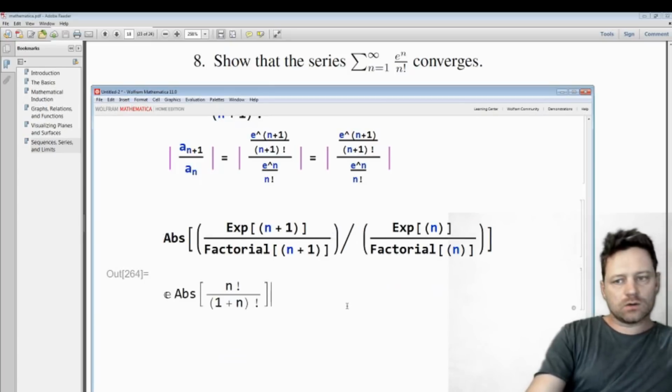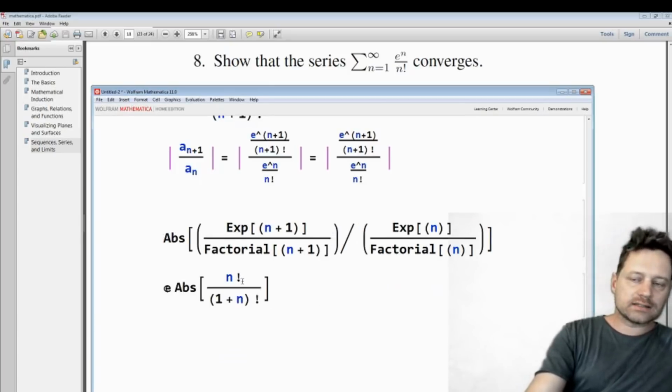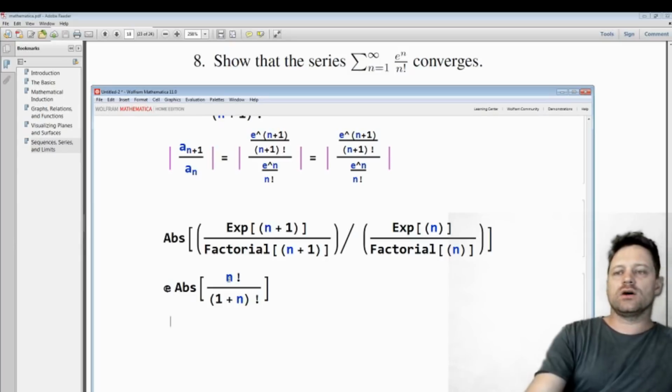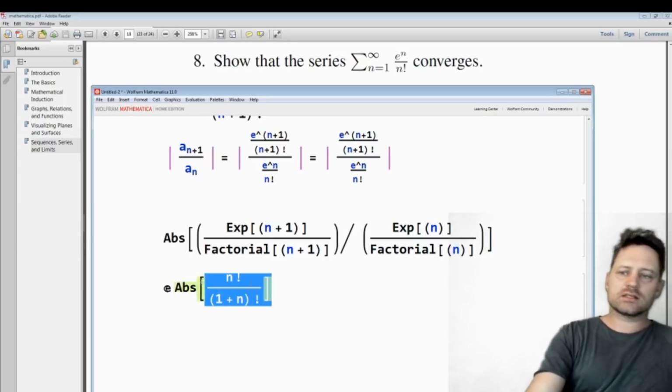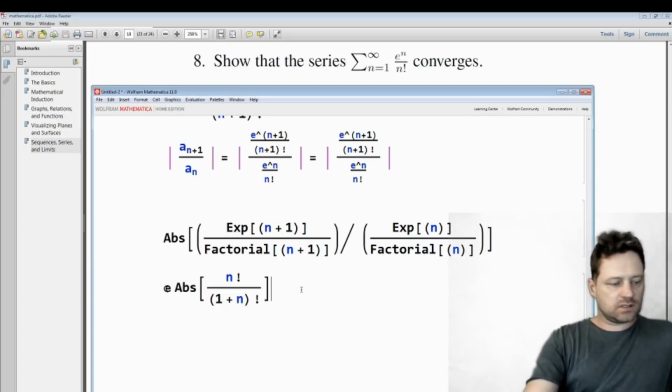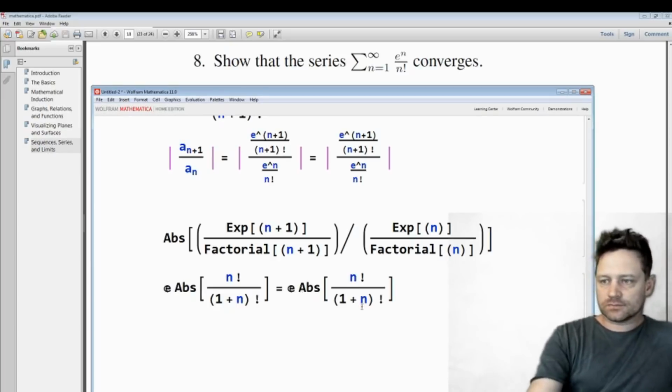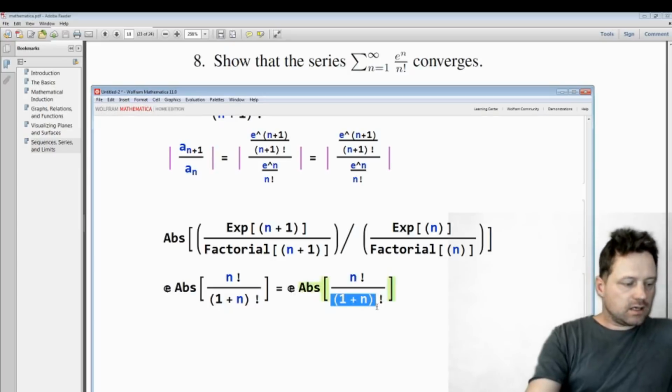Okay, so now we can say that this n factorial is n times n minus 1 times n minus 2 all the way down to 1. And likewise, I'll write out this denominator.